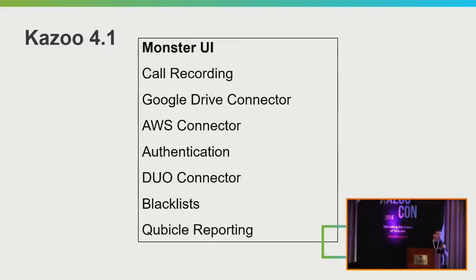We also created an app for Blacklists. We've had Blacklists in the system. The real notable one as far as back-end changes go is one of the ways we handled anonymous blacklisting was by asking you guys just to put in an all zero caller ID. It was kind of a workaround, and it worked for a little while, and then we ran into problems with that. So there's now actually a configuration option that says block anonymous calls, and that is coming from the SIP headers and other things.